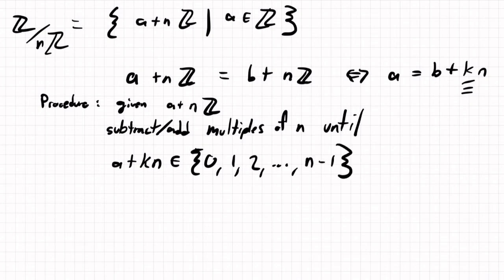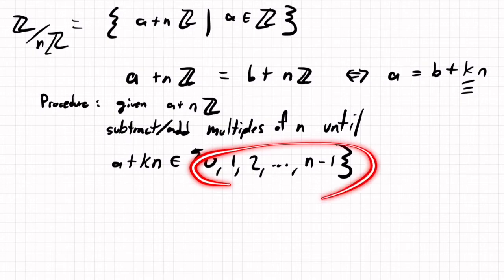We've chosen this set which has size n, right? We're starting from 0, we're zero indexing.